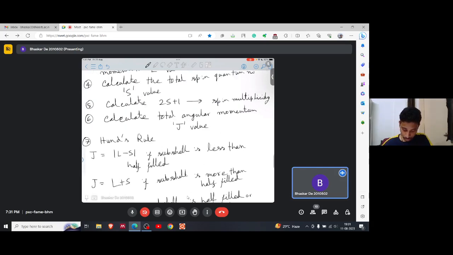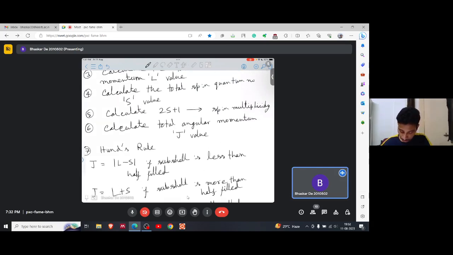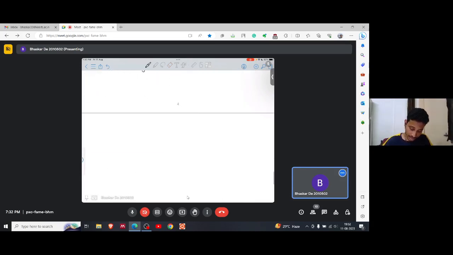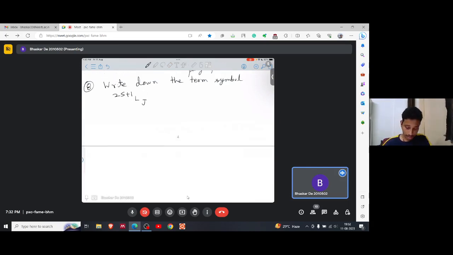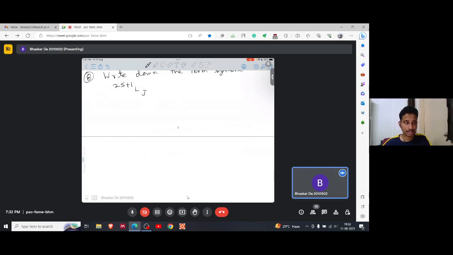Okay, so now there is a thing that is known as the spin multiplicity, 2S plus 1. By spin multiplicity, what we want to say is that, for example, an electron has a spin half. By definition, if we say spin half, we can say that it has either plus half or minus half.